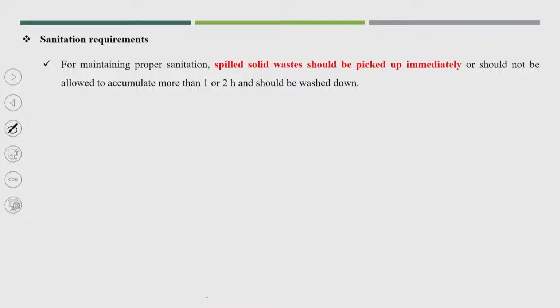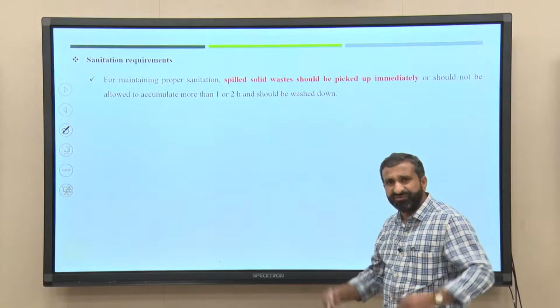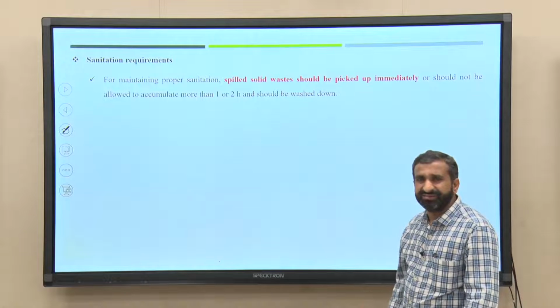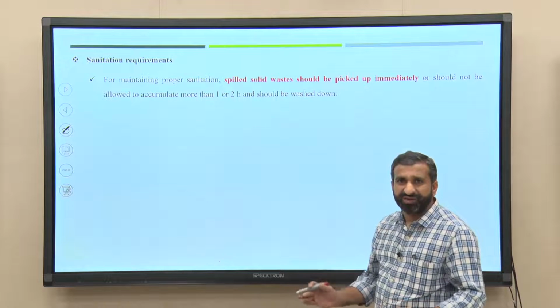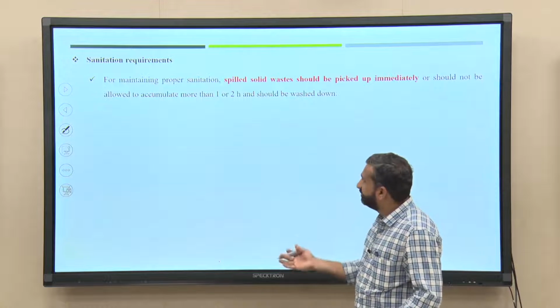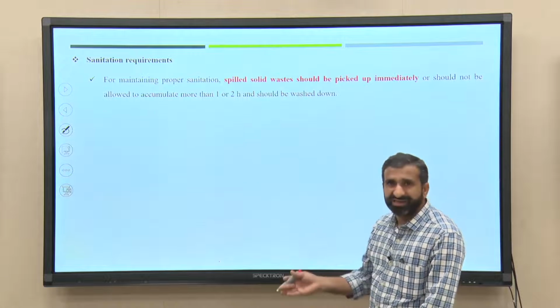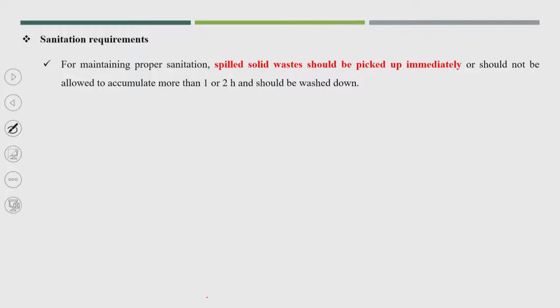There should not be any spilling of waste in different locations, and wherever waste is getting spilled or accumulated, it has to be hauled or cleaned within 1 to 2 hours, otherwise the odor issue will come up. From time to time, proper cleaning is also required in the transfer stations.